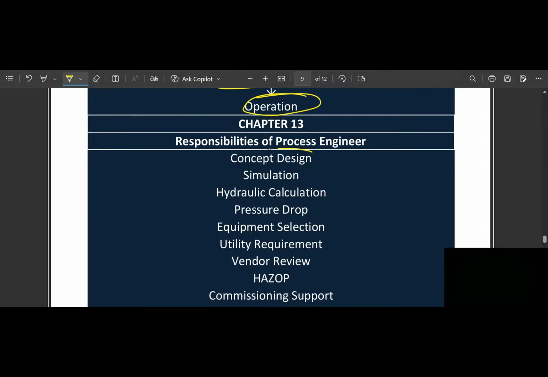They study concept design. Based on that, simulation. To simulate any plant or equipment, we usually use Aspen HYSYS, HTRI, or a lot of software in the market. Then we perform hydraulic calculations, pressure drop in the line, in equipment or in the pump.